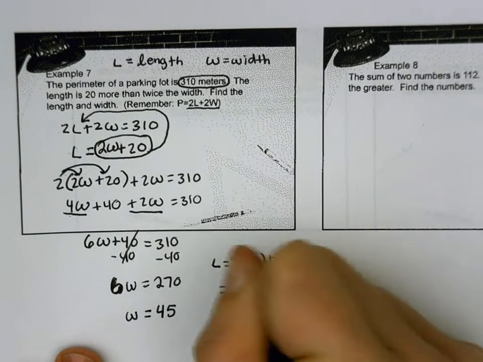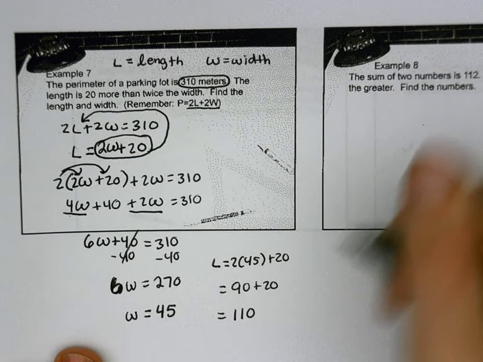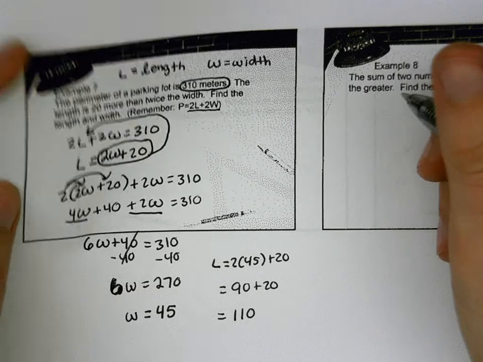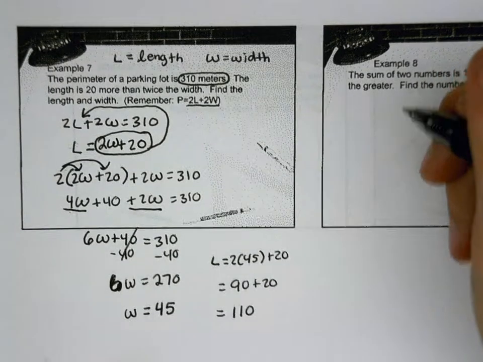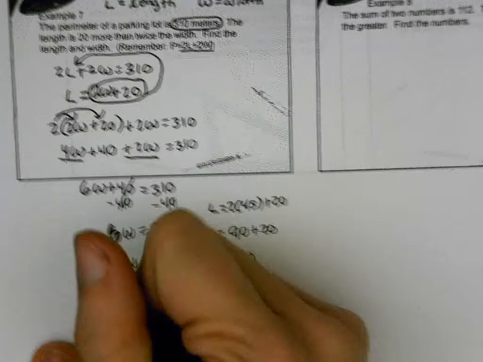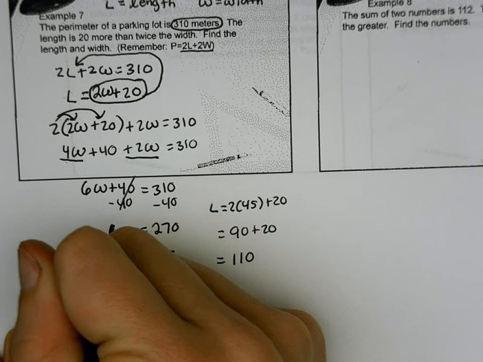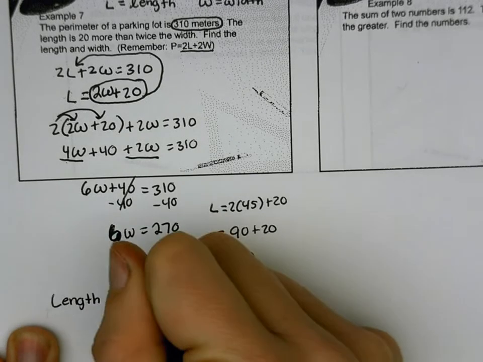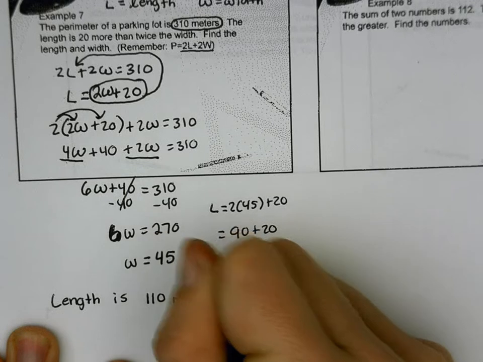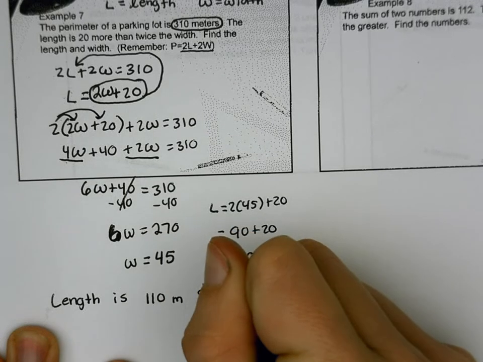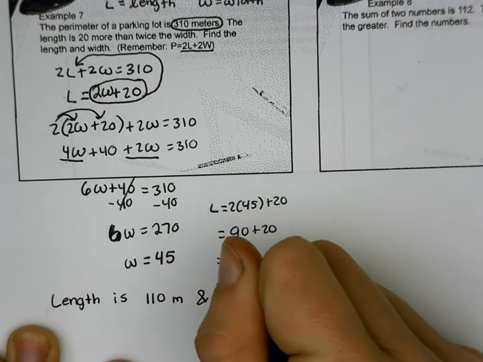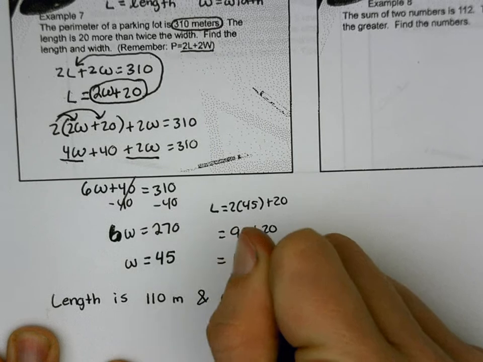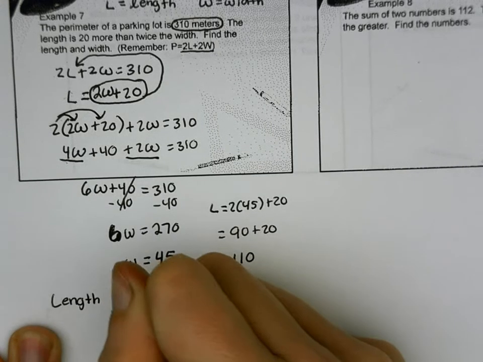And 90 plus 20 is 110. Okay? And so then that's going to be my answer. I know that my length is going to be 110 meters, and my width is going to be 45 meters.